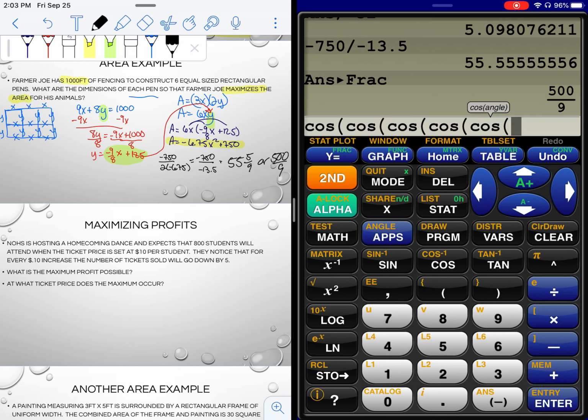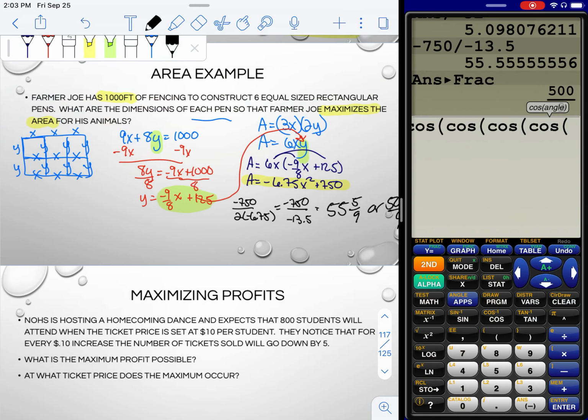All right, so that's the x value. Each fence is going to be 55 and 5/9 feet wide, for each of my pens. Now, how do I find the corresponding length? Well, I can go back to my equation that resulted in 1,000 feet of fencing, which I have manipulated down here to solve for y, and I can substitute this answer back in there to figure out what the y dimension is going to be.